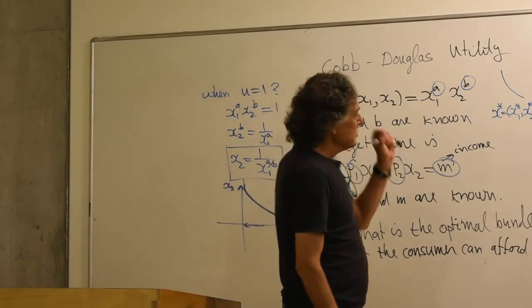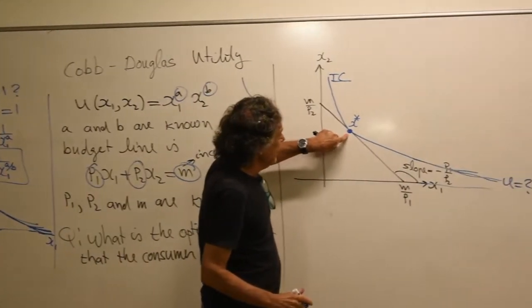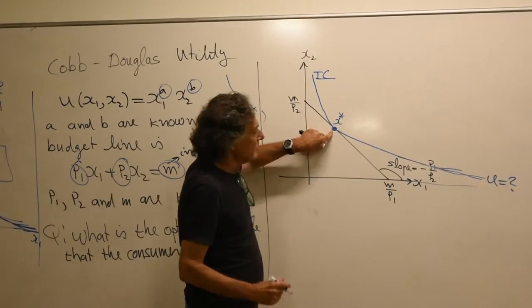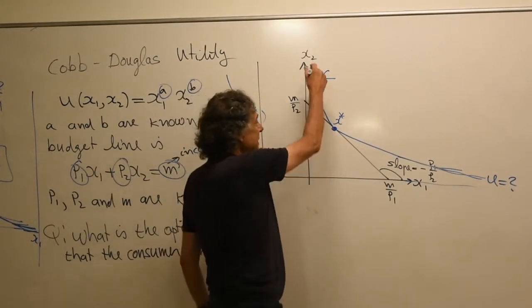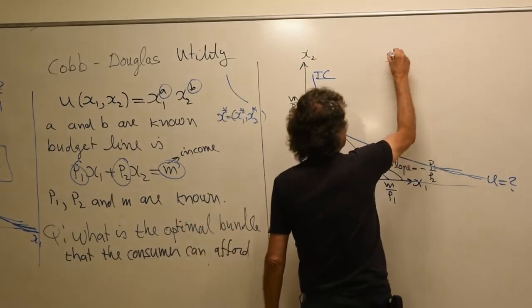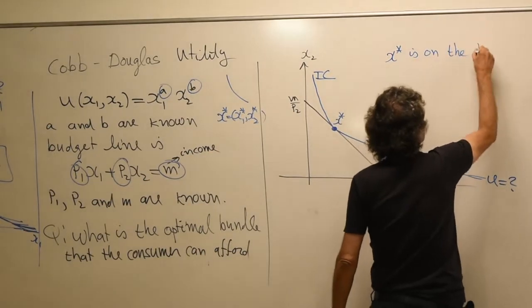So again, first I want to say the following. What is the property of X star? So first of all, X star is on the indifference curve.